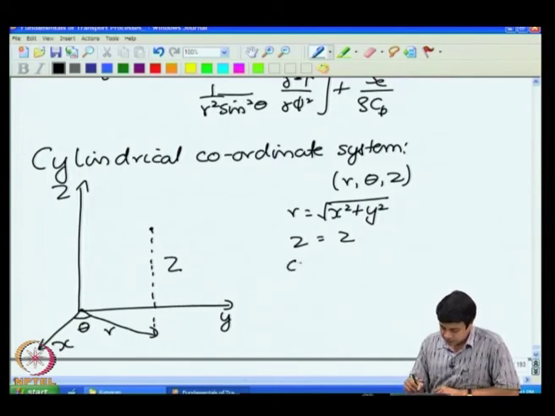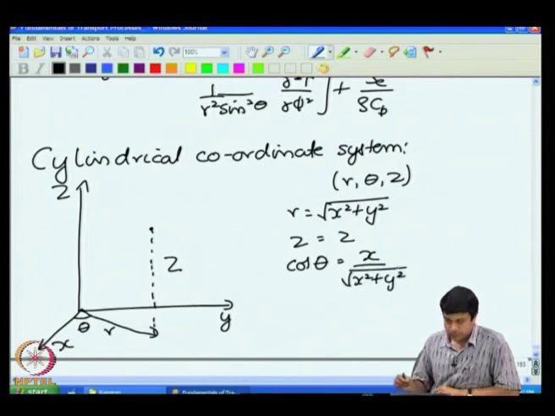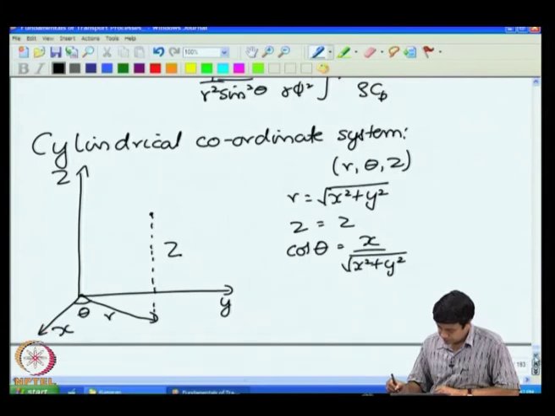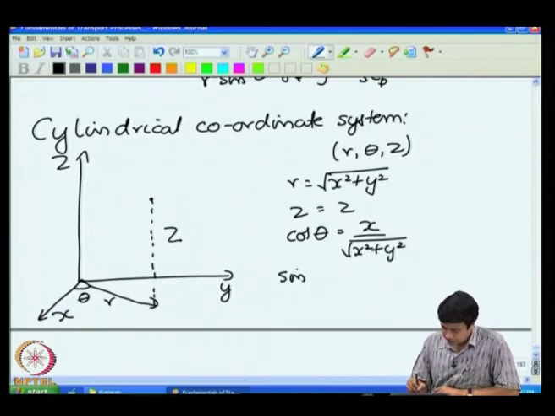That means that cos theta is equal to x by square root of x square plus y square, sin theta is equal to y by root of x square plus y square, and finally tan theta is equal to y by x.